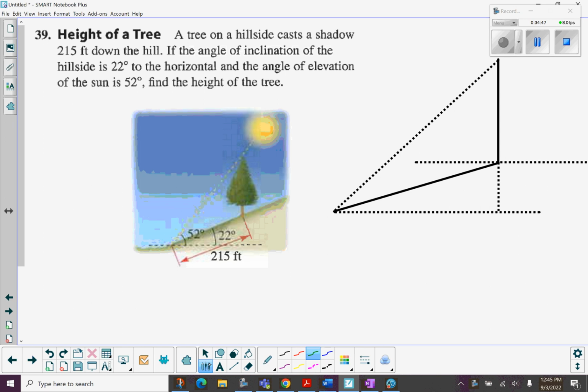So we know this distance is 215. And we're shown here in the picture that the hillside is slanted at a 22-degree angle. Angle of elevation up to the sun is 52, which means 52 minus 22, that's a 30-degree angle.